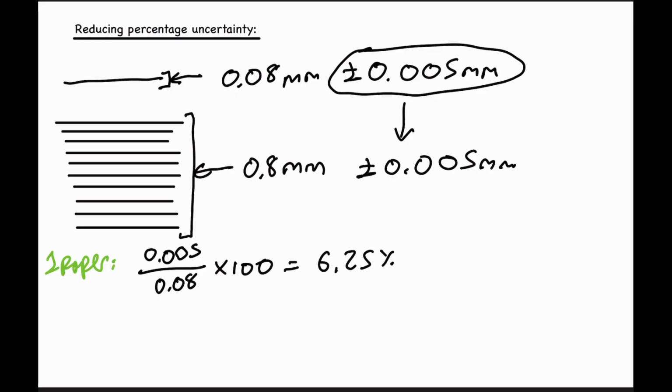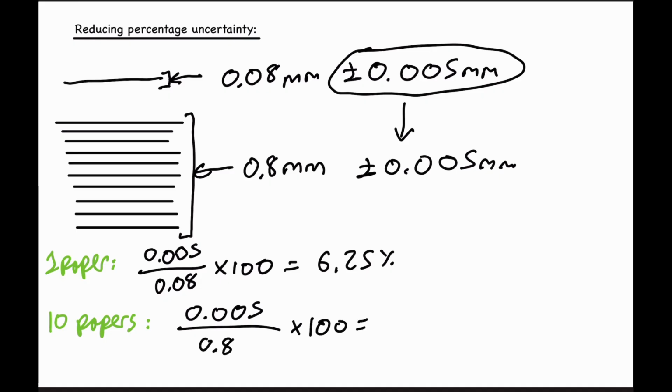However, if we measure 10 pieces of paper, we would have 0.005 as our absolute uncertainty divided by 0.8, times 100, and instead of 6.25%, we get a much smaller value of 0.625%. And this makes a lot of difference when combining uncertainties later on in equations and converting between units.